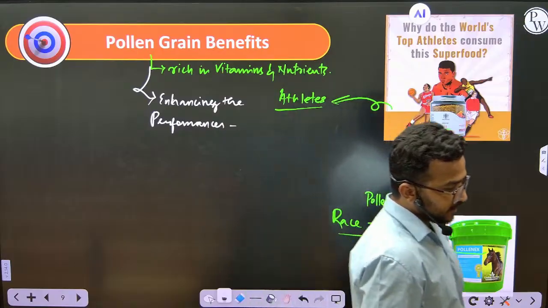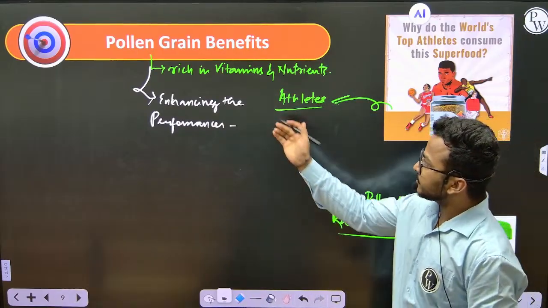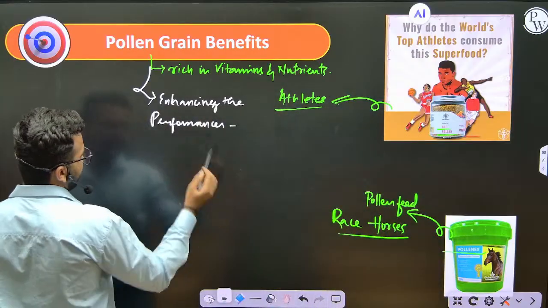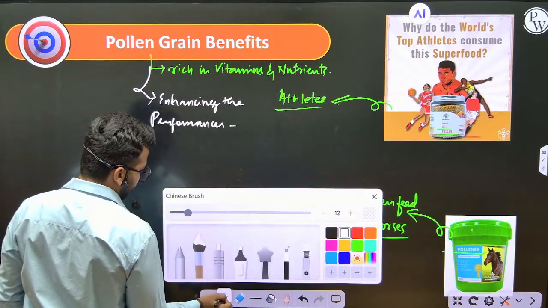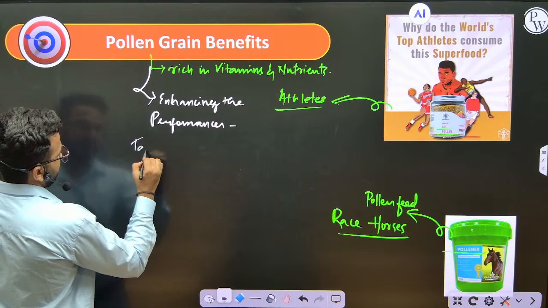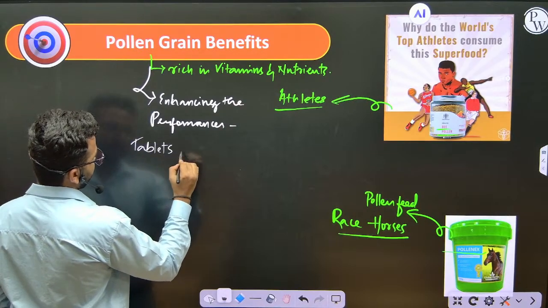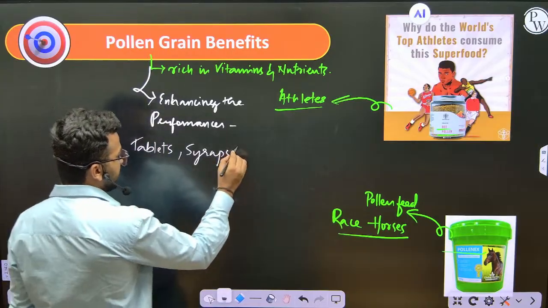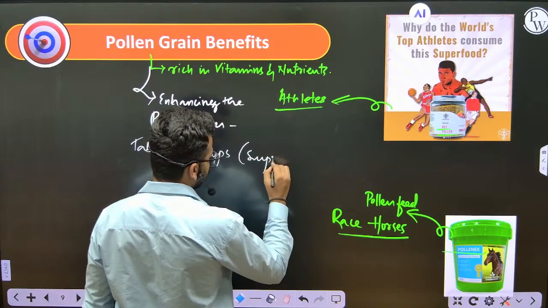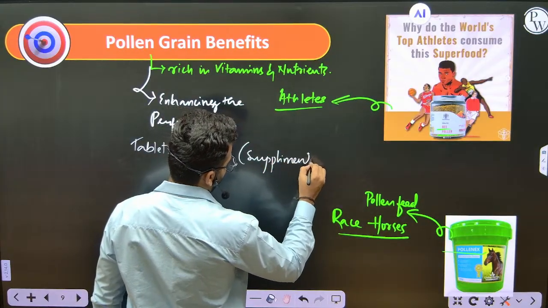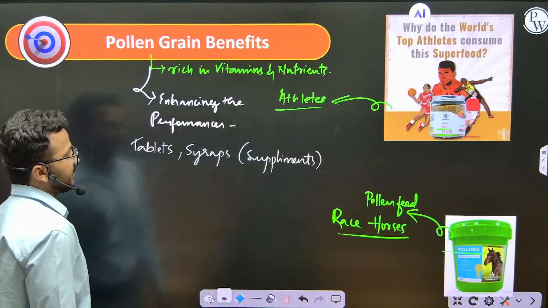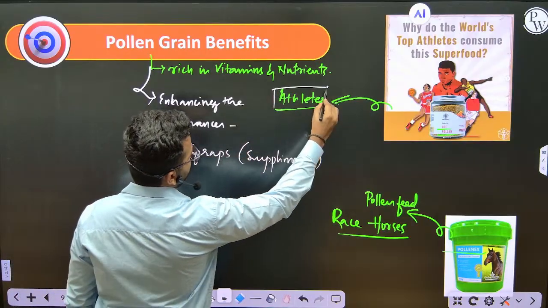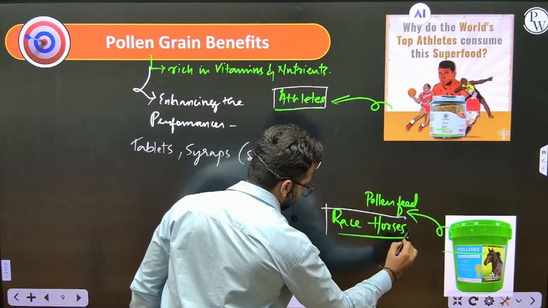It can be used in the form of supplements, so these pollen grains can be taken as tablets or syrups. These are supplements which enhance the performance of athletes and race horses.